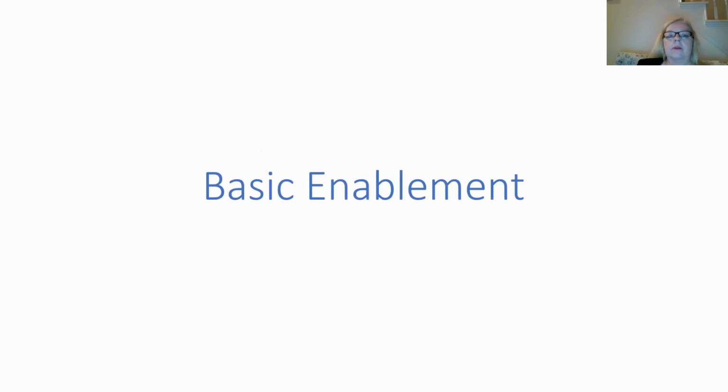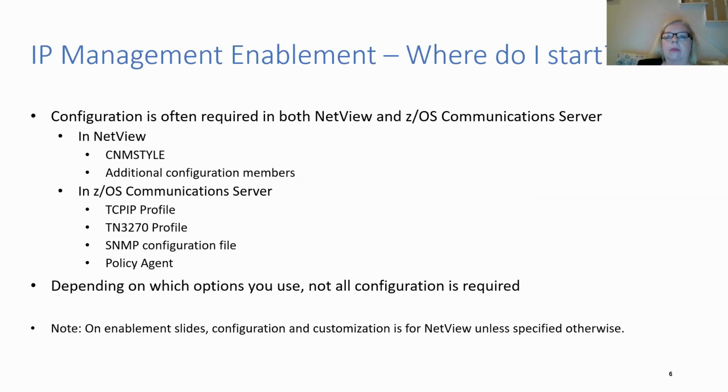So let's jump into some basic enablement. A lot of people say, well, there's a lot there. Where do I start? So a lot of times you need configuration in both NetView and z/OS Communications Server. In NetView, the majority of the configuration is in a CNMSTYLE user member. The statements are in CNMSTYLE, and if you need to modify them, you copy them to a user member.